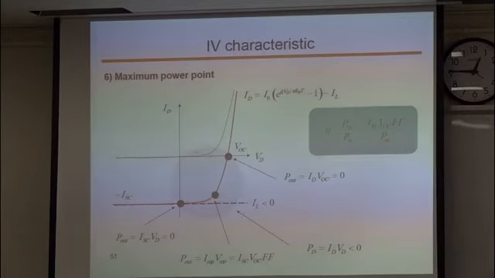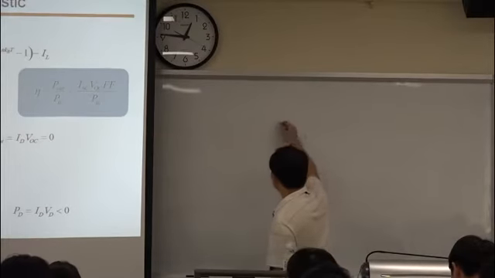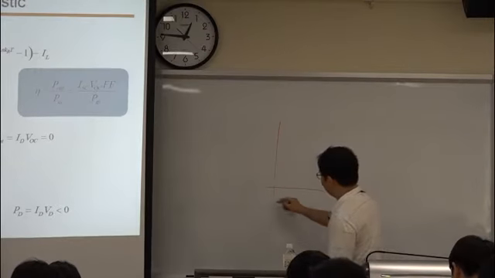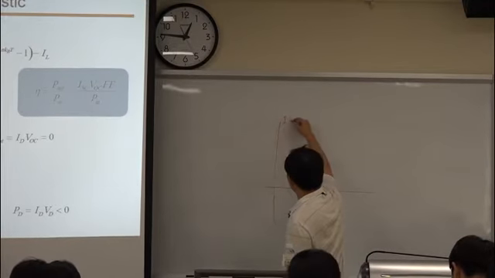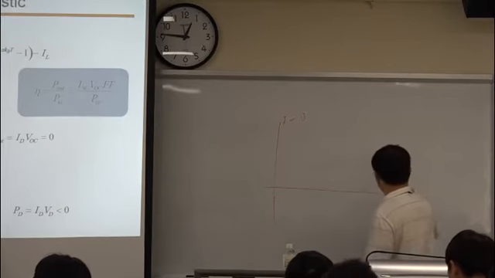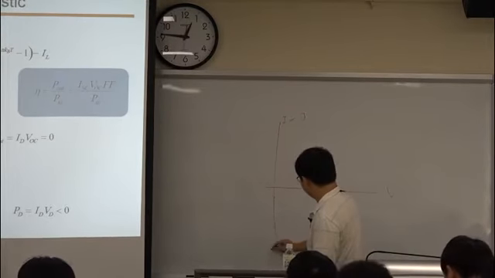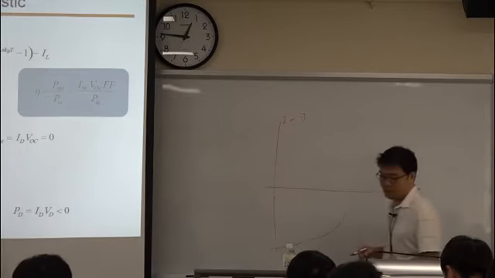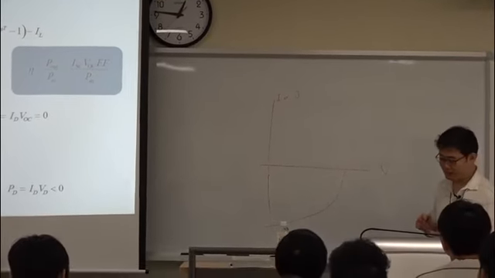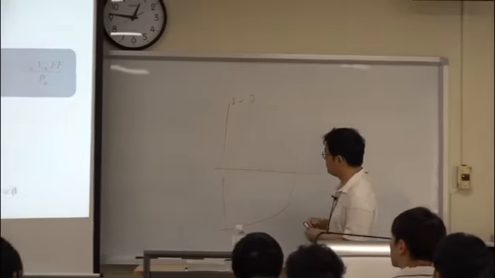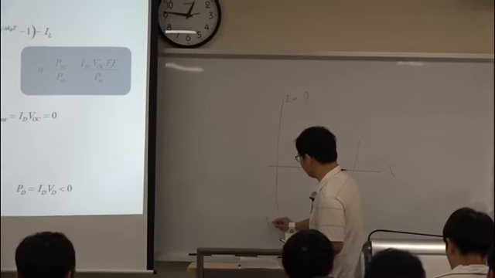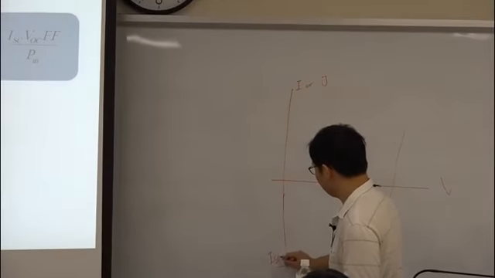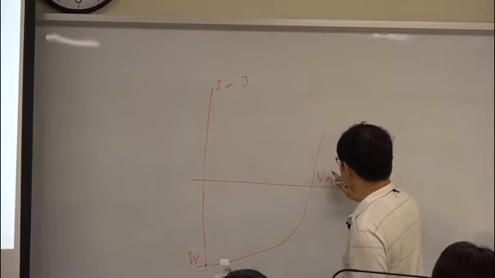So we can make the square with the maximum area. If we measure the solar cell, we can usually obtain the following curve. And as I said, this is the short circuit current, and this is the open circuit voltage.